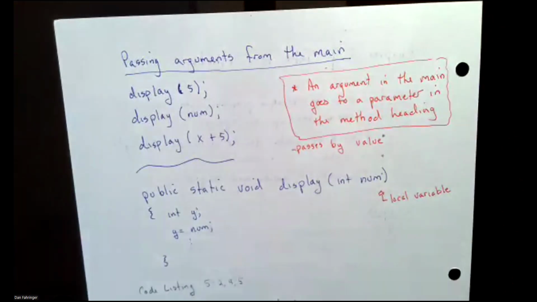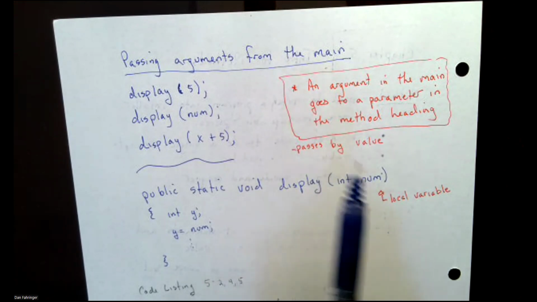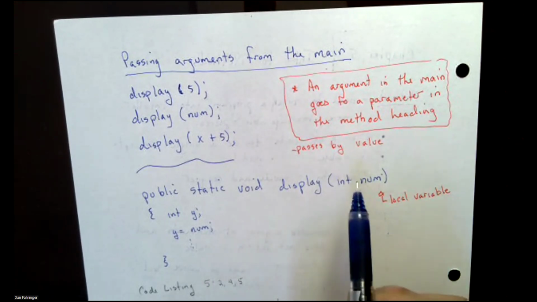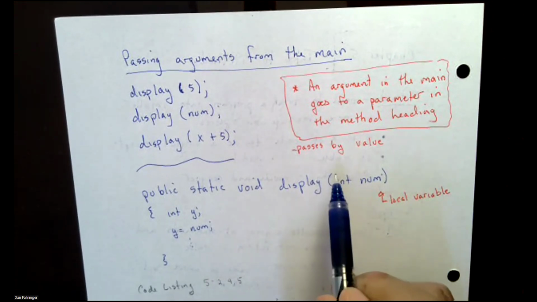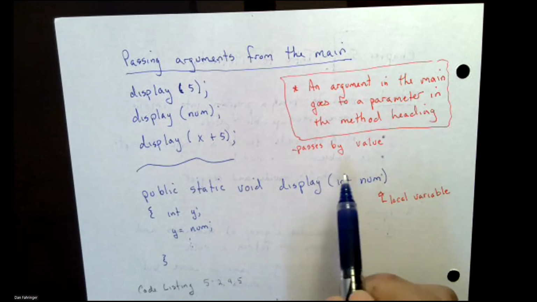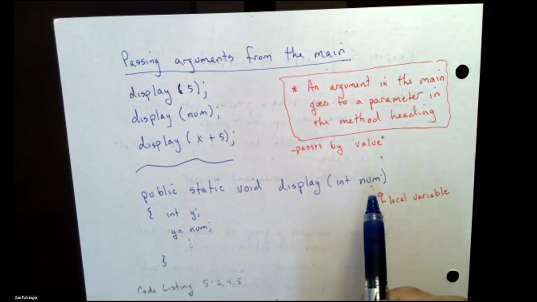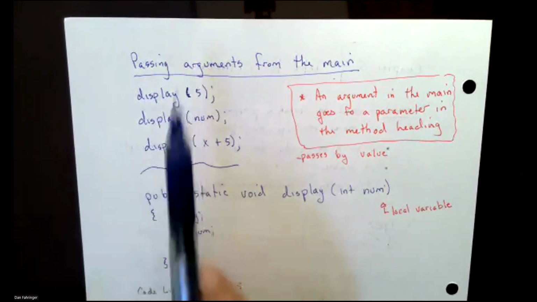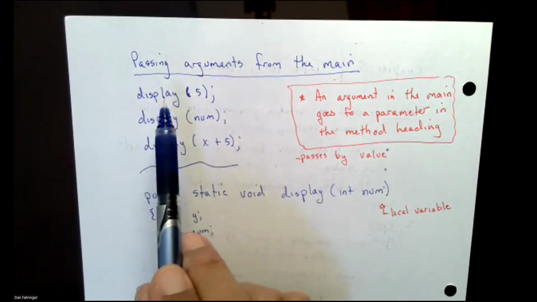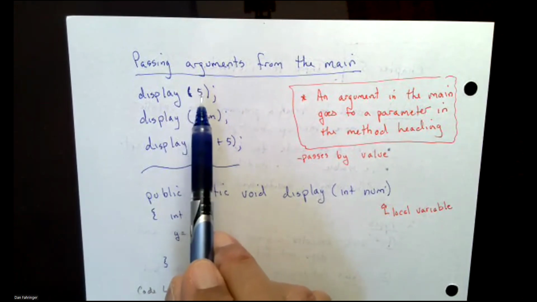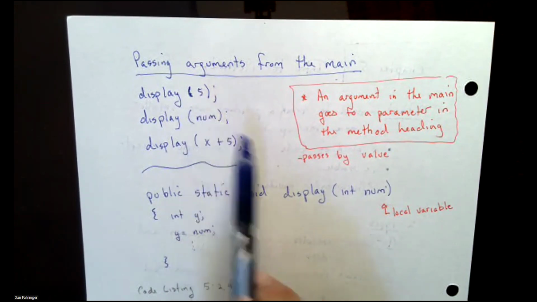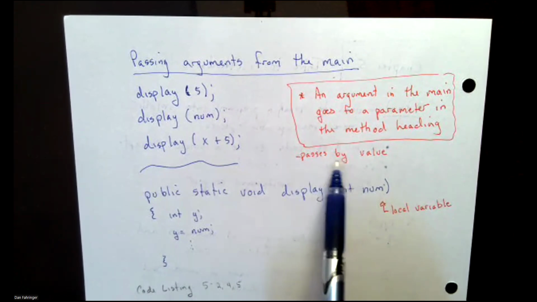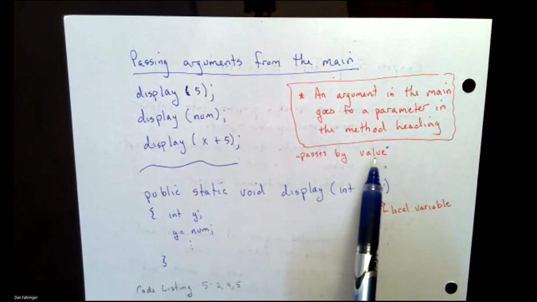Now, a moment ago, I talked about these items that are going to be found inside of the parentheses. When we are up in our main, we're going to call a method, but we're going to pass in an argument. And whenever I pass these, it's pass by value.